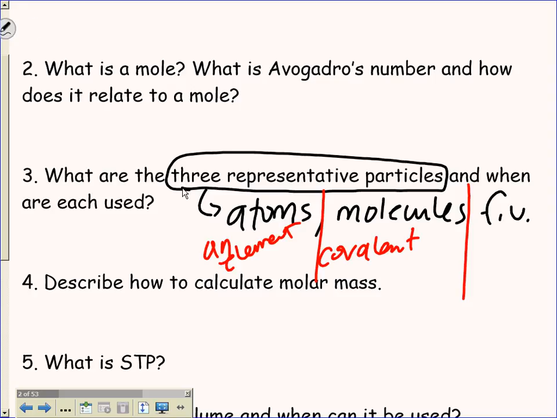Did you guys write that down? Okay, cool. So you have your 3 types. Atoms describe simply elements. Molecules describe covalently bound compounds, and formula units describe ionically bound compounds. Okay, so back then they didn't know there was a difference, but now we actually know there's a difference. So we still call them particles, but they come in 3 flavors, and so it gives us some elaboration there.